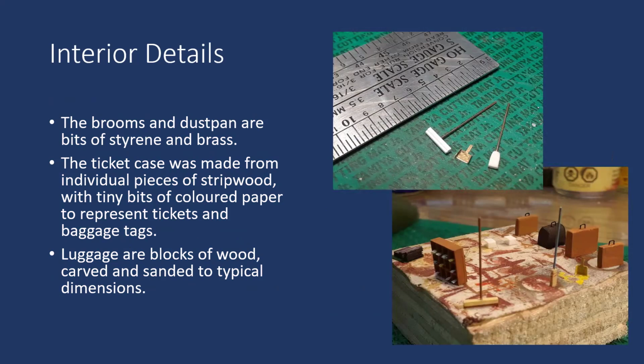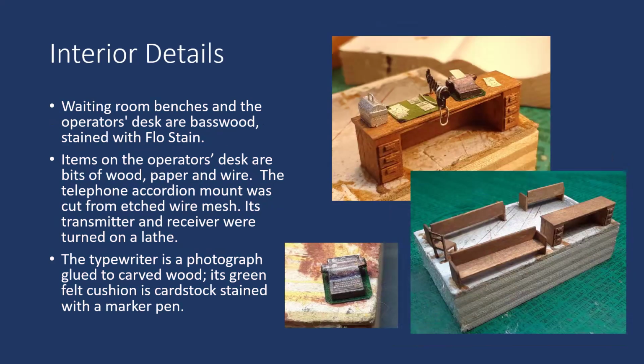The ticket case was made from individual pieces of stripwood with tiny bits of colored paper to represent tickets and baggage tags. Luggage pieces are blocks of wood carved and sanded to typical dimensions. And I'm sure the 3D printing folks out there are saying, get with it. And I probably will, I hope someday.